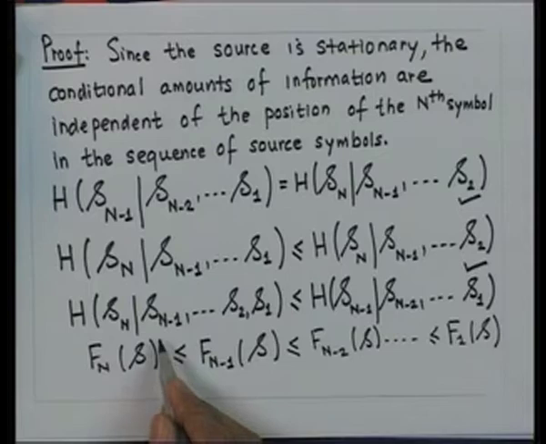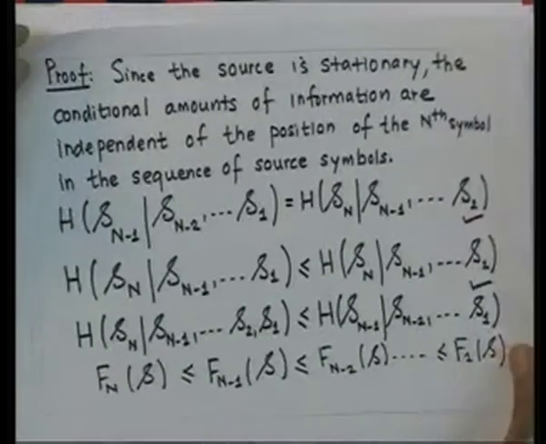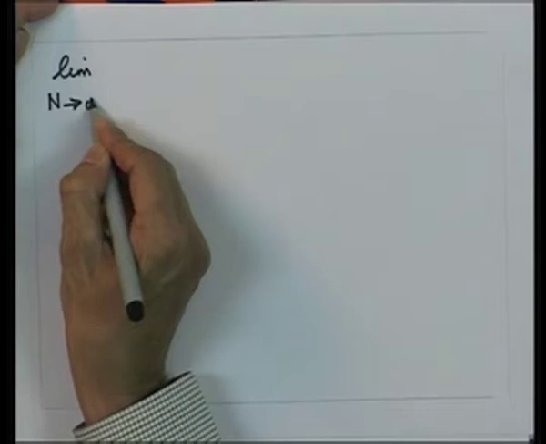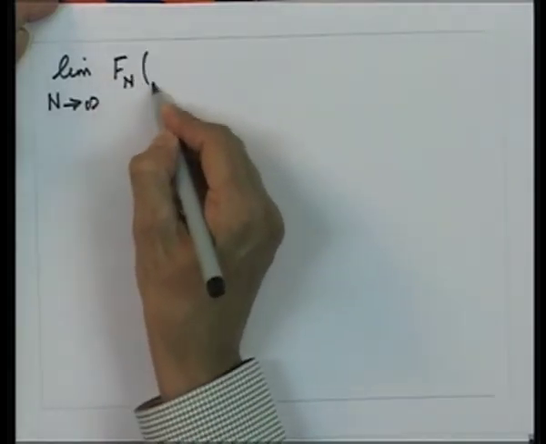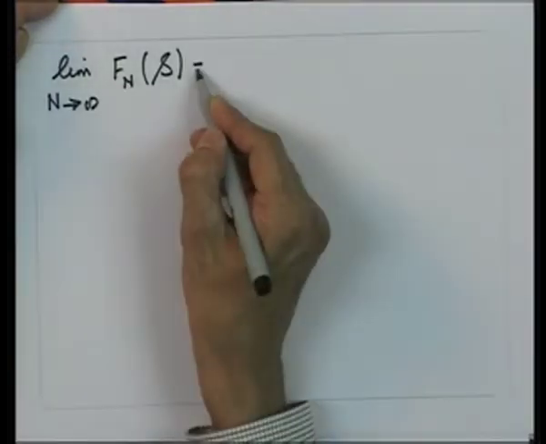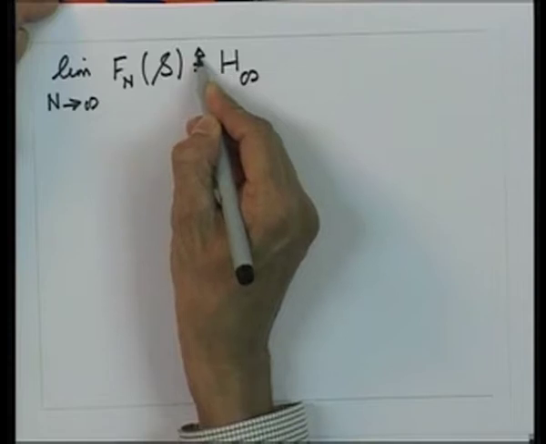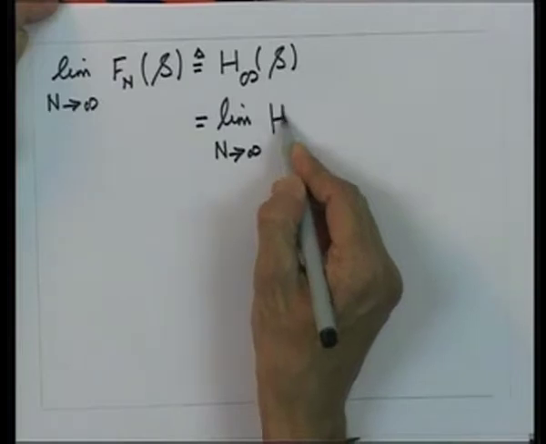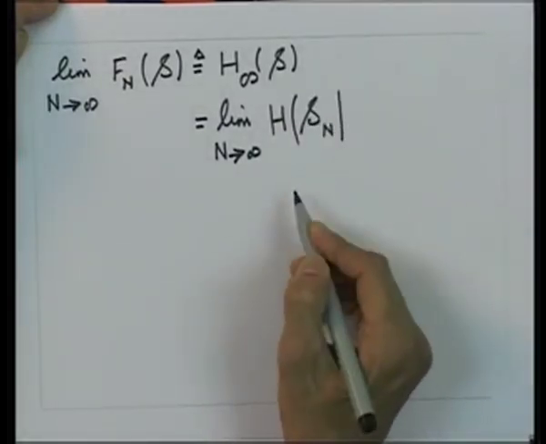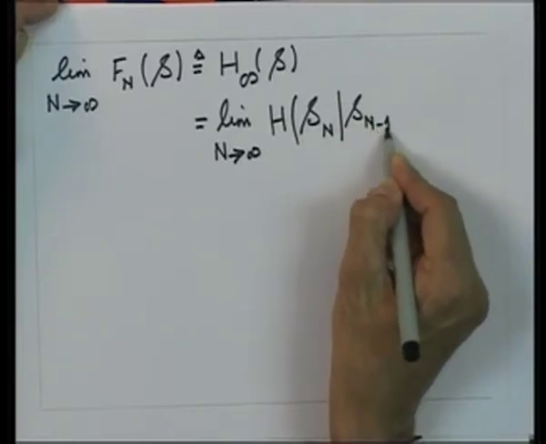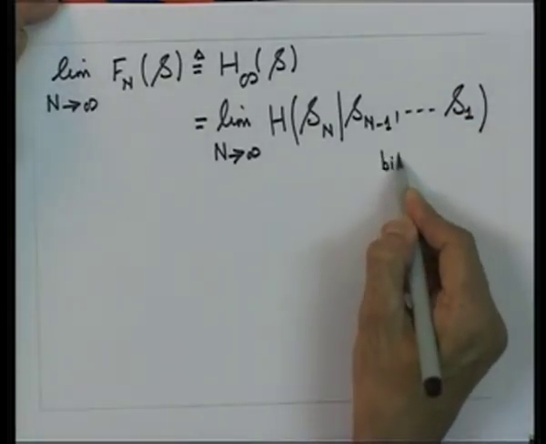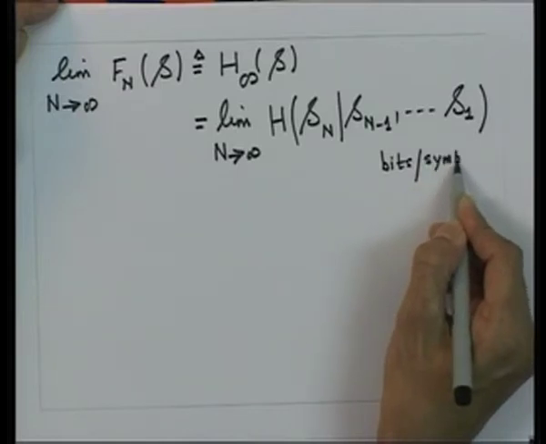Since Fn of S is always greater than or equal to 0, this implies that the limit of n tending to infinity of Fn of S should converge, and let me call that limit by definition H infinity of S. This is nothing but the limit of n tending to infinity of the additional information of Sn when the n minus 1 preceding symbols have been observed. This is in bits per symbol.